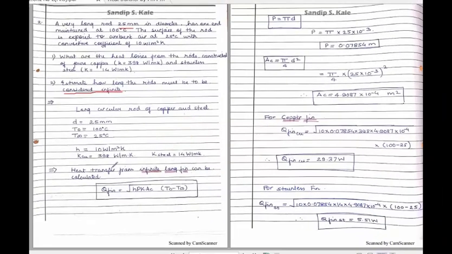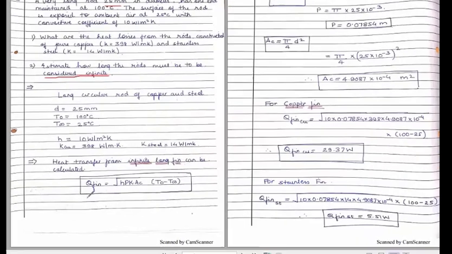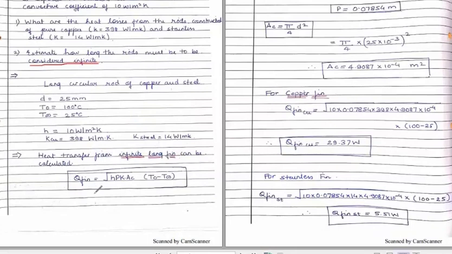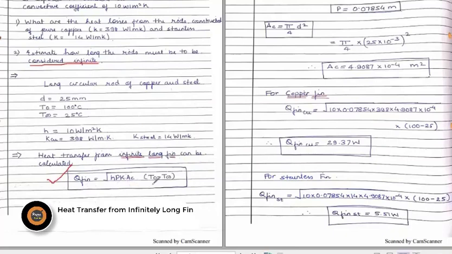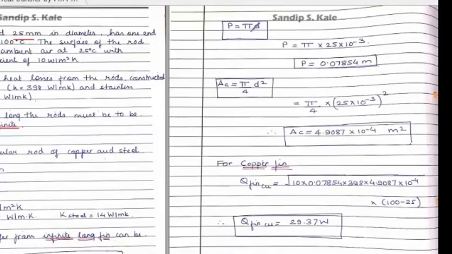So let's start with the numerical now. Heat transfer from an infinitely long fin can be calculated by this formula. We have seen this formula in the derivation itself. So Q fin is equal to under root of h P k Ac times (T0 minus T infinity). So this is the formula for an infinitely long fin. The perimeter is pi into D. If you put the values, you will get the perimeter.